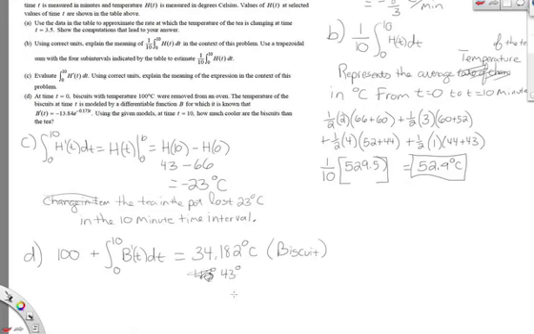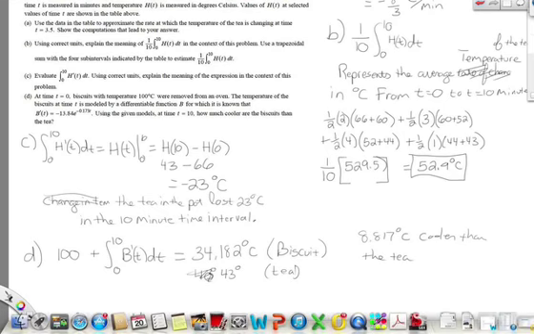And so the difference between those, 8 point, so a difference of 8.817 degrees Celsius cooler than the tea. Okay, let's see how we did. That's part D.